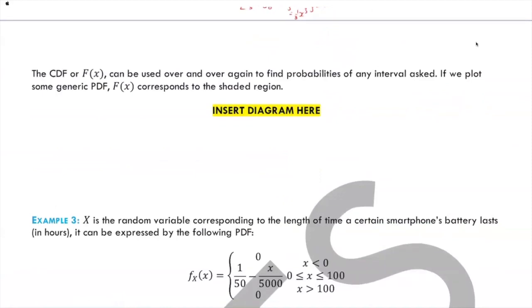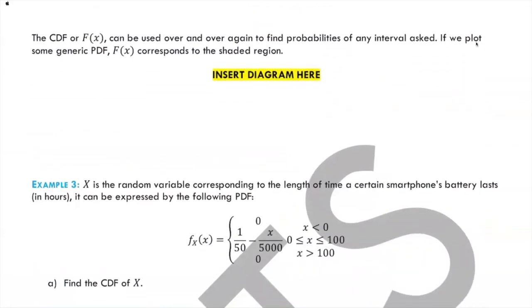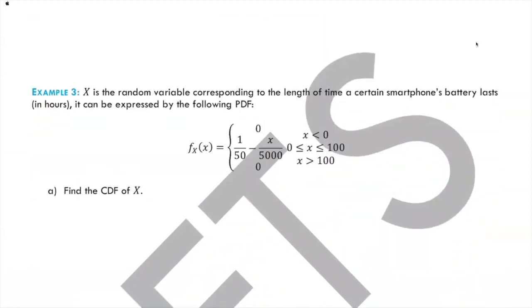Okay. So let's go back to the smartphone example and find the CDF for this. The CDF, which we denote by capital F of x, is the integral from the starting point up to a generic x of f of t dt. So I'm going to rewrite this, but I'm just going to put a t there instead of an x.